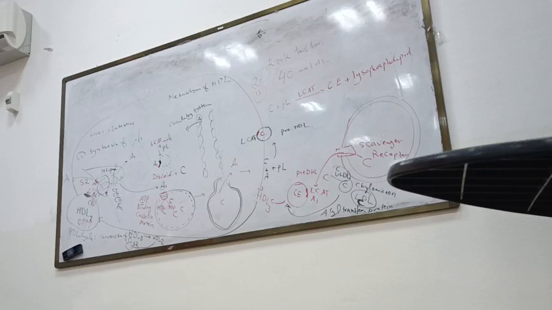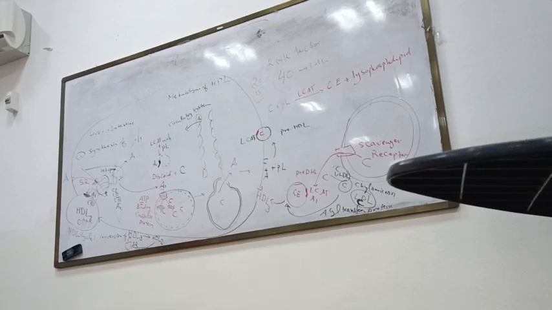Okay, it is involved in metabolism of chylomicron, very low density lipoprotein, and intermediate density lipoprotein, by activation of lipoprotein lipase. Okay. High density lipoprotein stimulates prostacyclin synthesis by the endothelial cells.